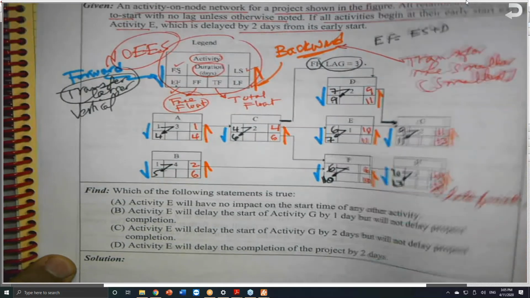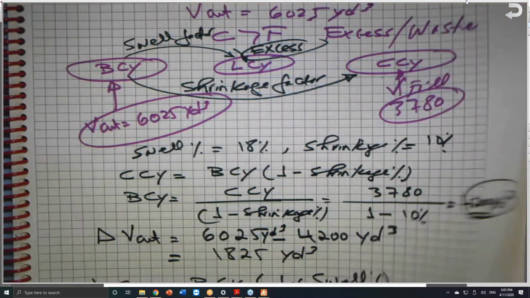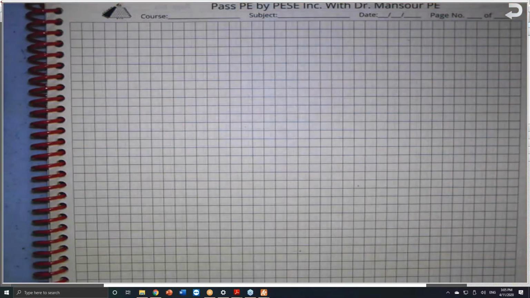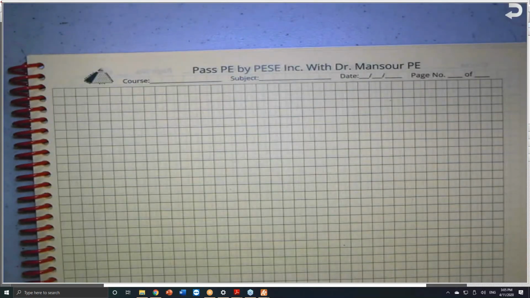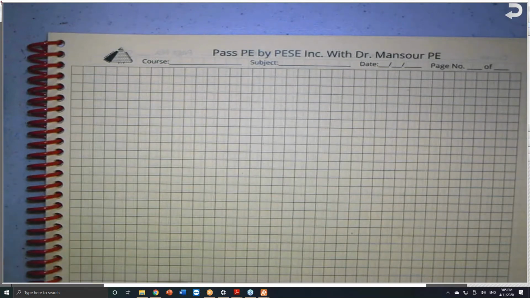Now we have something called the critical path and the float. The float, we have two types of float.